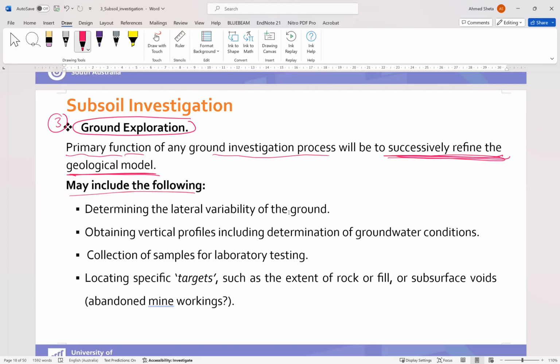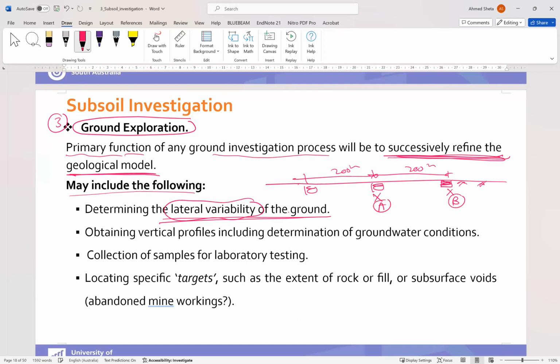This will include determining the lateral variability of the ground. For example, if we have a very wide area, we have different samples at different distances, for example 200 meters. This is what is called lateral variability of soil. The soil at point A will be different from point B, so we need to check how much variation there is if we move laterally.